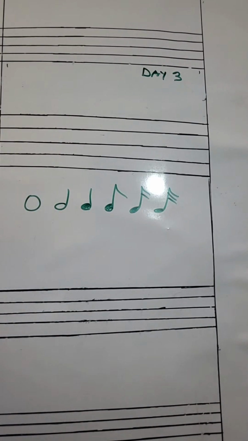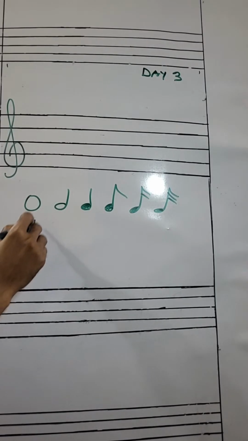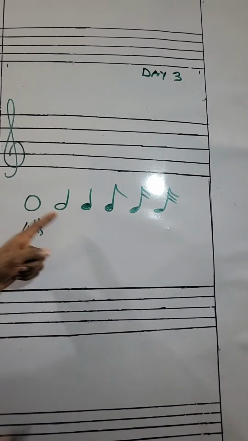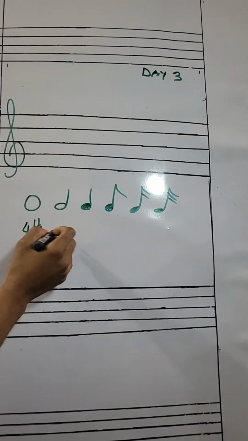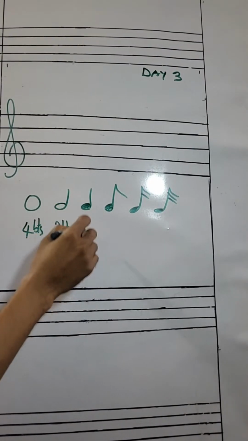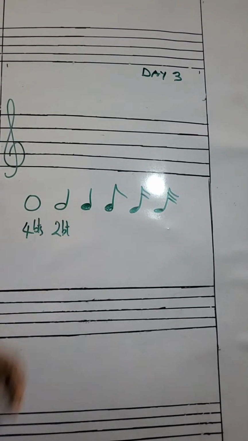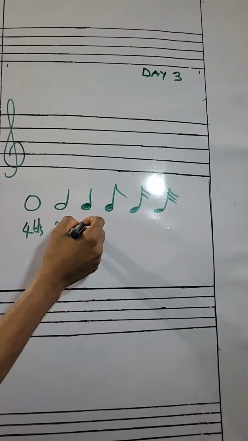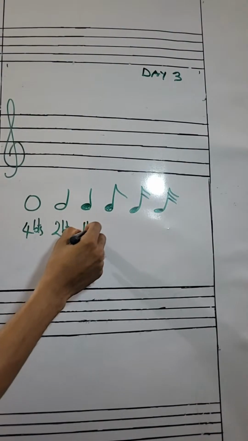And we said for a common time signature, that your whole note equals 4 beats, and that your half note equals 2 beats, and also that your quarter note equals 1 beat.